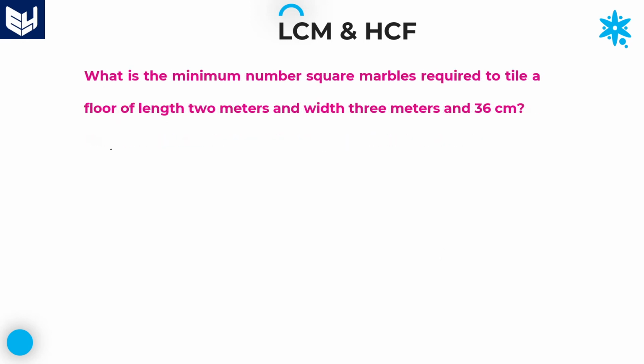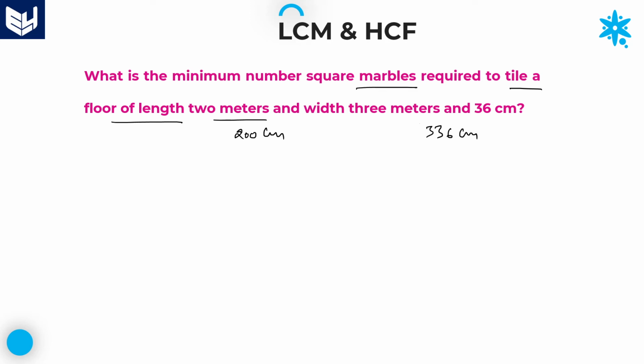See the next question. What is the minimum number of square marbles required to tile a floor of length 2 meter and 3 meter and 36? 2 meter is 200 centimeter, and 3 meter and 36 is 300 plus 36, 336 centimeter.